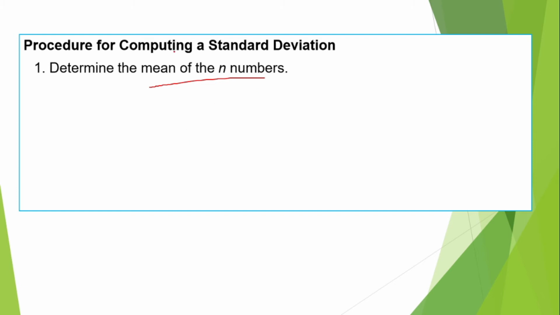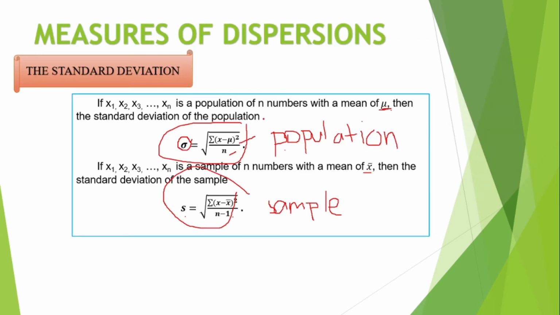The difference between the formulas is that in the population we just divide by n, while in the sample we subtract 1.